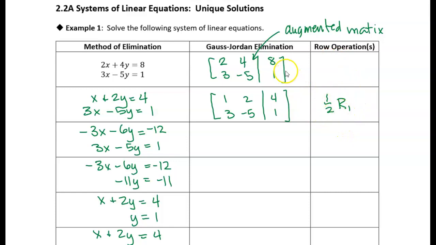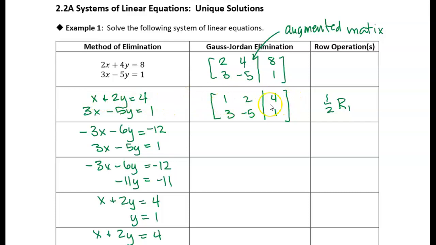That's what I did. Okay, so Gauss-Jordan basically takes an augmented matrix and performs row operations on it. Now, those row operations really correspond to things that we could have done with the original set of equations, right? So I can take 1/2 of the whole equation. I can just multiply both sides by 1/2. That works.